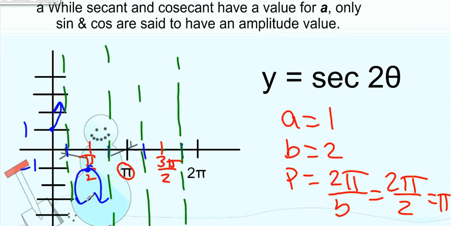At pi, we have that upwards parabola starting at 1, because again, we don't have an amplitude. At 3 pi over 2, we're going to be at -1. And at 2 pi, we'll be at +1 again, and it'll be coming inwards towards the graph. And that's how it changes for a period shift there. Notice that we now not only have one period happening, we actually have 2.